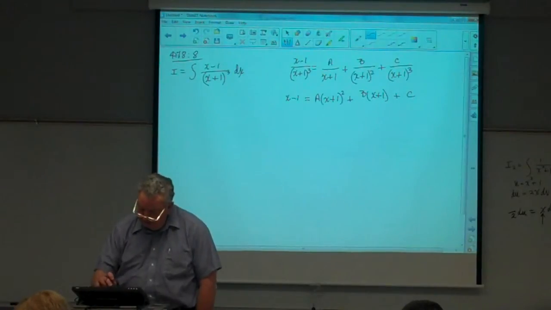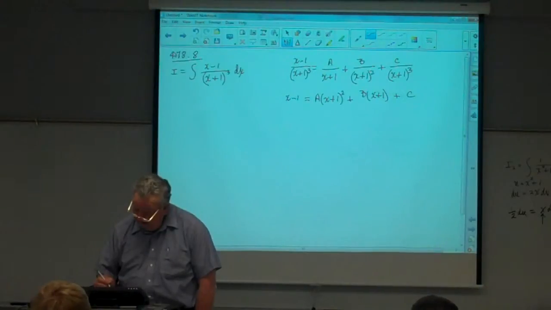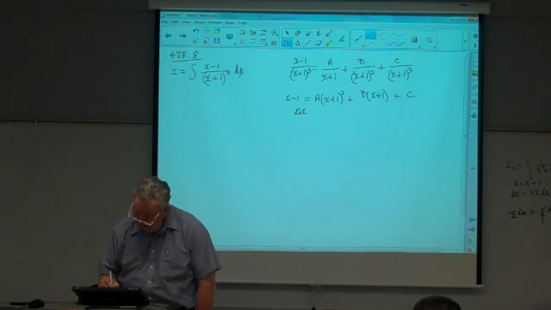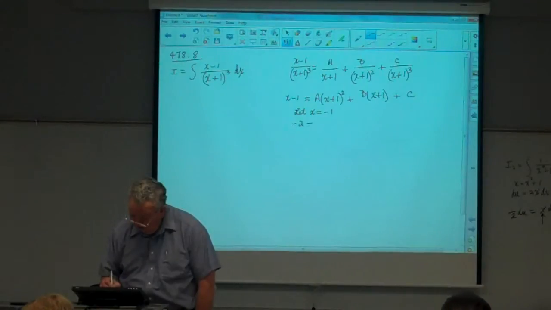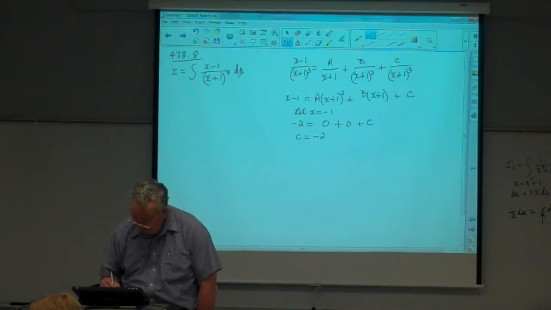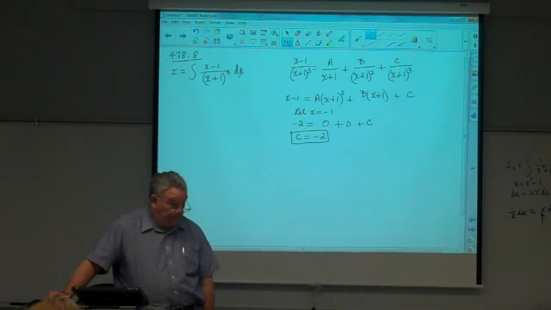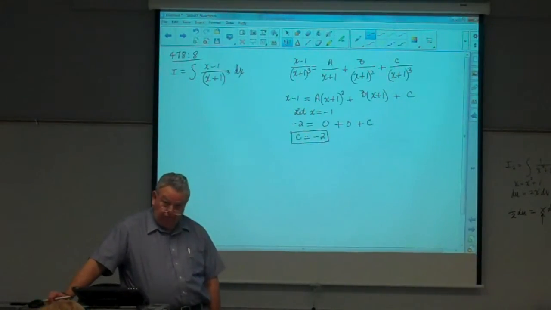I can't do it. I'm going to have constants. But, yes, I can too. I can let x be equal to minus 1. Then I have minus 2 is equal to 0 plus 0 plus c. So c is equal to minus 2. Okay?